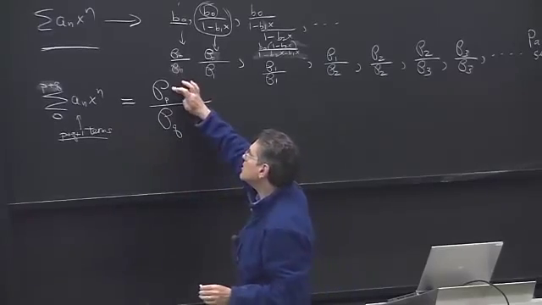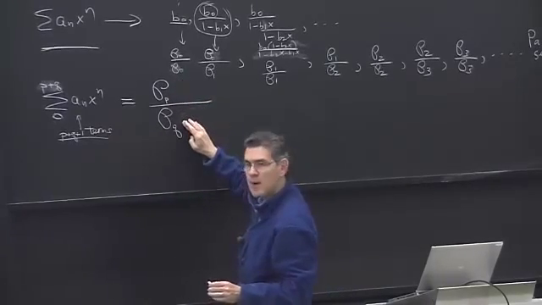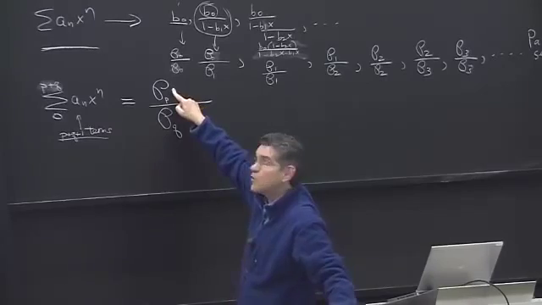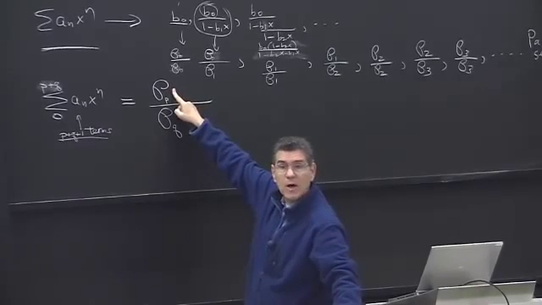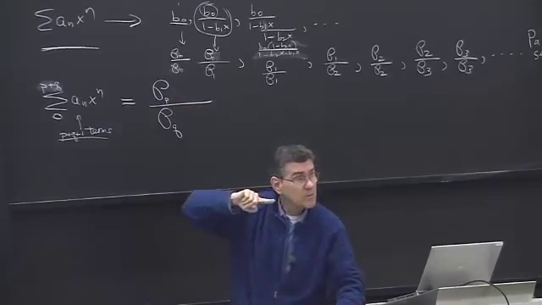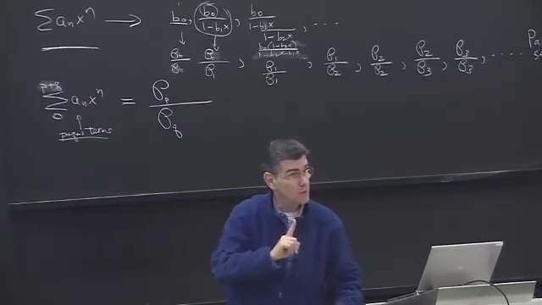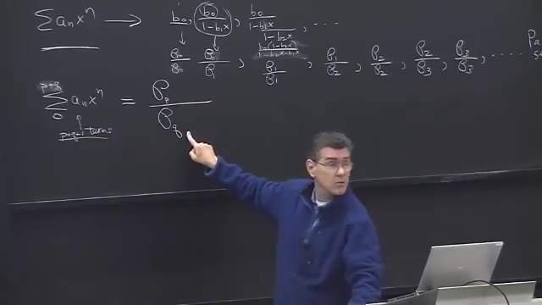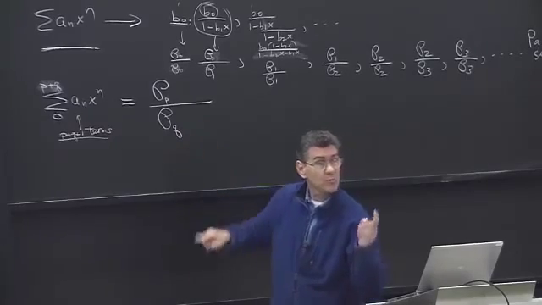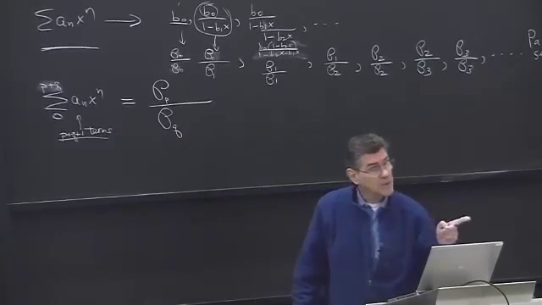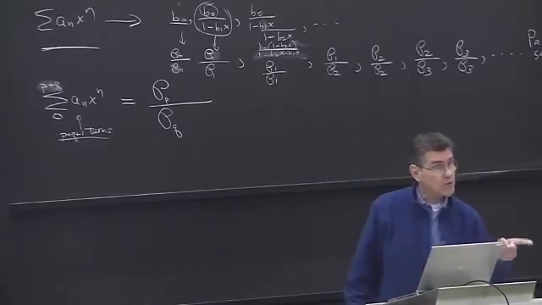I have a polynomial of degree p divided by a polynomial of degree q. How many coefficients are there in a polynomial of degree p? P plus 1. Okay? And in q, q plus 1. So there would be p plus q plus 2 coefficients.